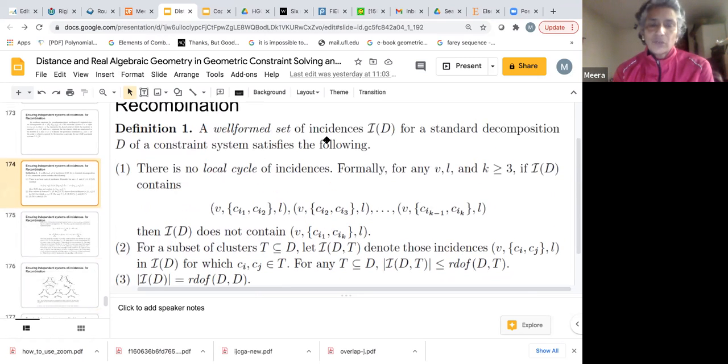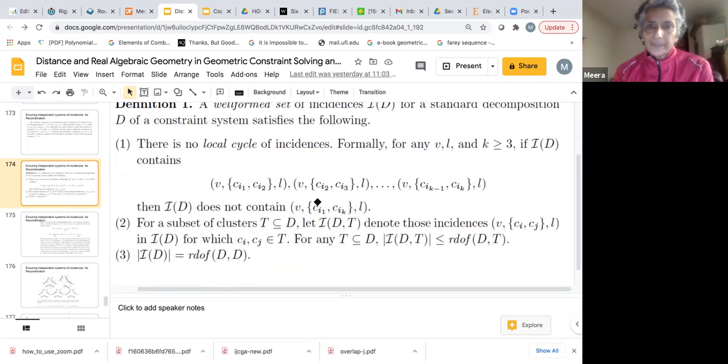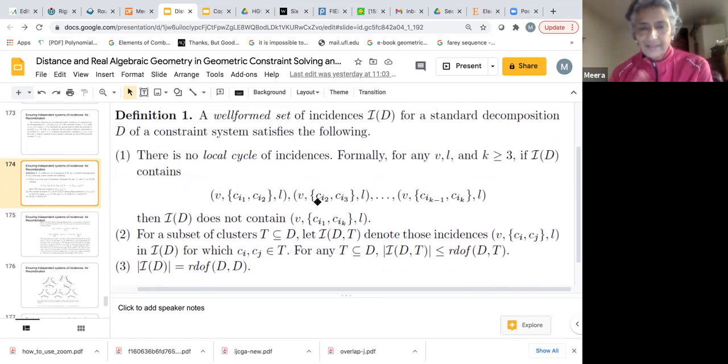So this definition is motivated by the practical difficulty of solving this system of incidences if you have numerical issues. Now what we show is that having defined it this way, this notion of well-formedness turns out to be independence of something in a certain matroid.